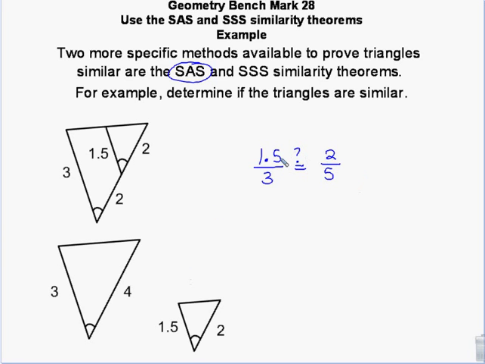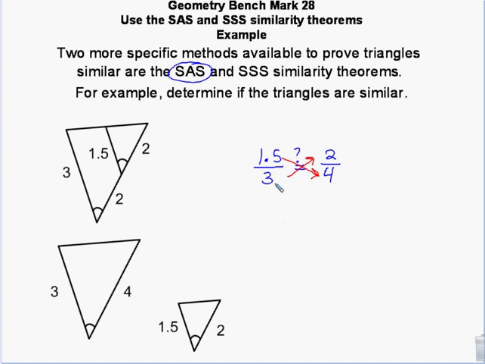So I cross multiply, and 1.5 times 5 is 7.5. Oh wait, I wrote 2 over 5. It's 2 over 4. I don't know where I got the 5.